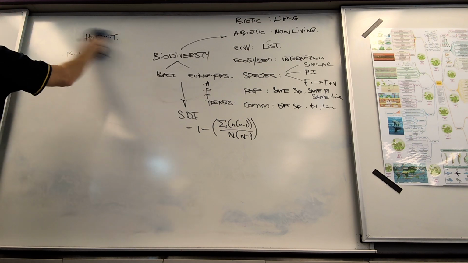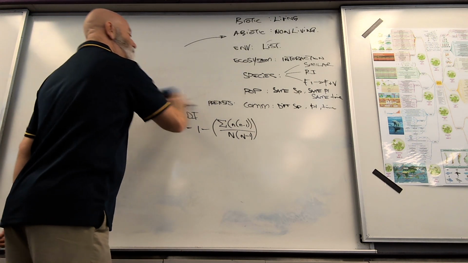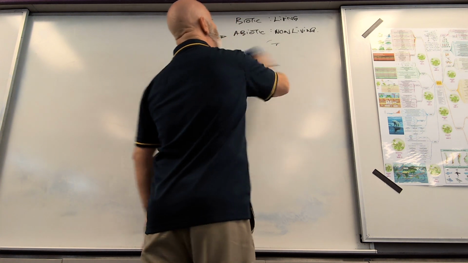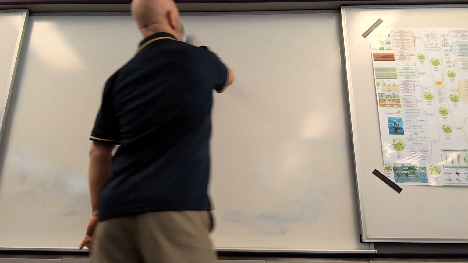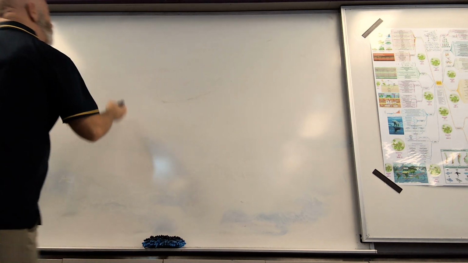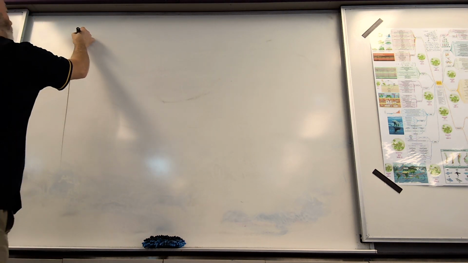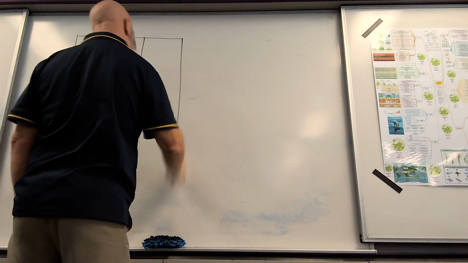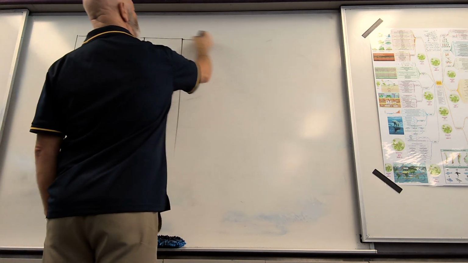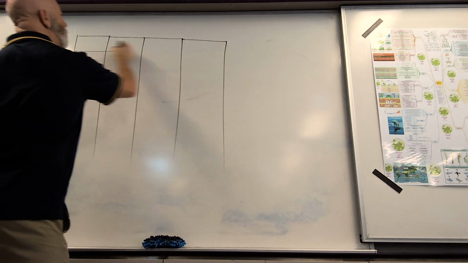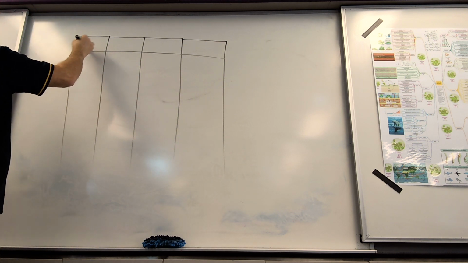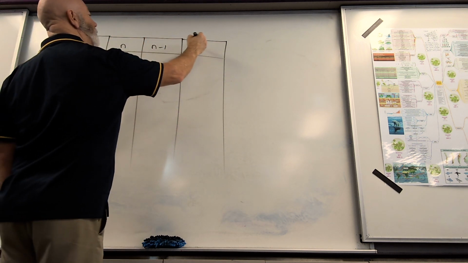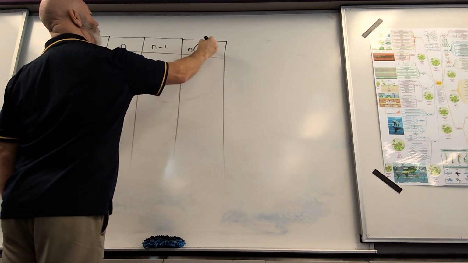Right, now we'll go through Simpson's Biodiversity Index. You need to be able to do this. I will give you the definition, but you need to be able to do it. Species, n, n minus 1, and n times n minus 1.